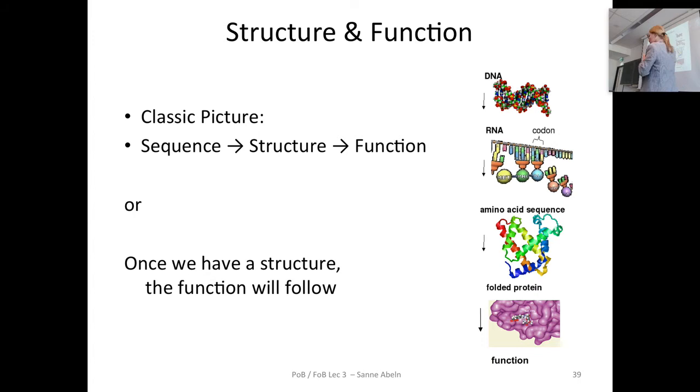But for the majority of proteins, and specifically everything we'll look at in this course, these sequences fold, and they need to fold into a specific structure to perform their function. So for now, you can assume that this is the relationship you're interested in.